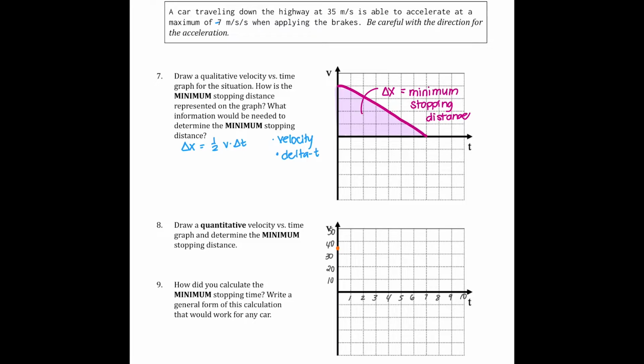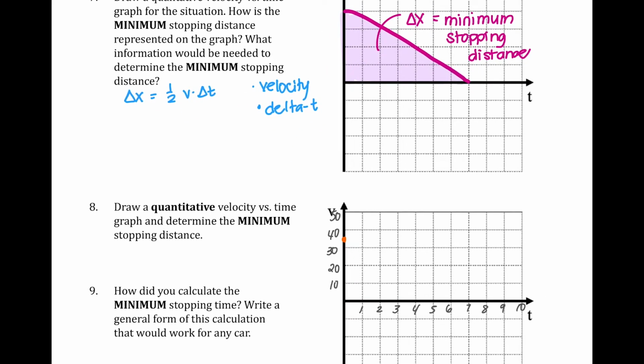So to find out what the delta t is, I think what I'm going to have to do is use the acceleration equation. So I know that the acceleration equation is delta v over delta t. And the delta v is going to be negative 35 over the change in time.